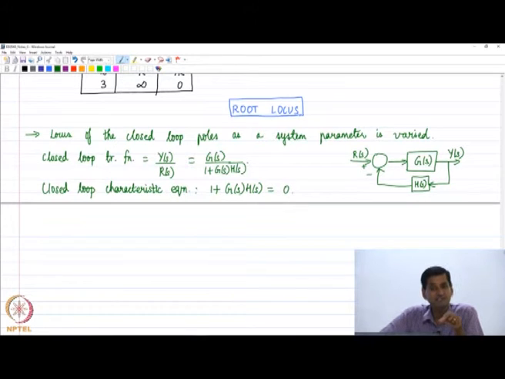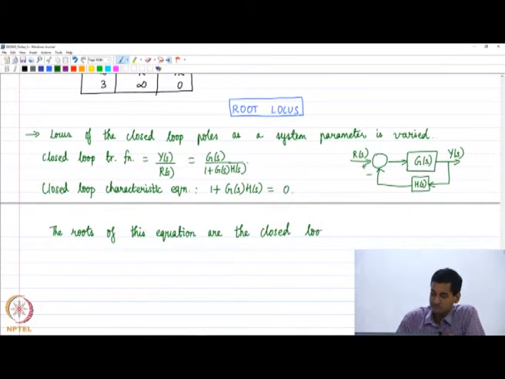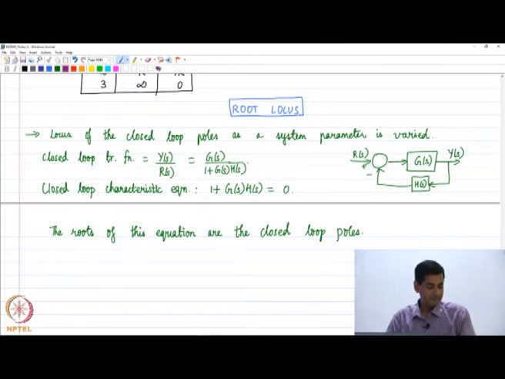Please note that the roots of this equation are the closed loop poles. That's something which we already know.